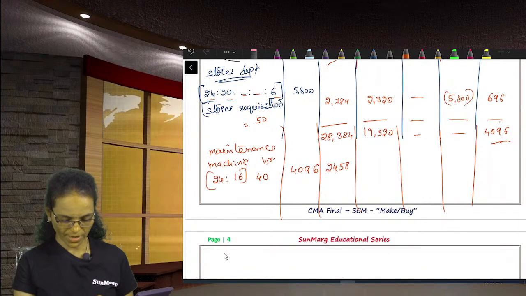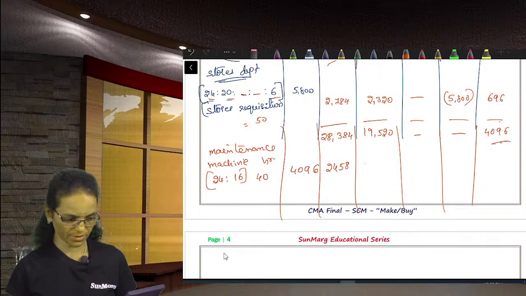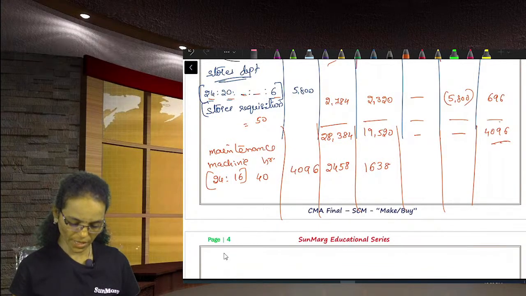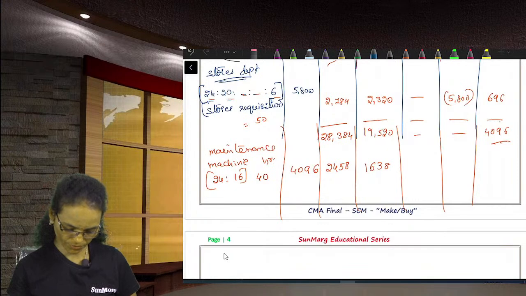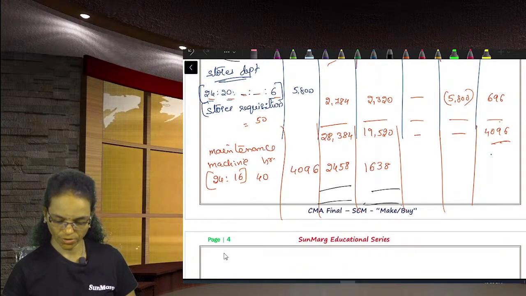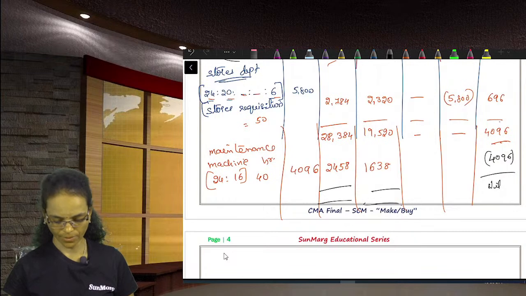Divided by 24 into 16, that is 1,638. Now add these two. This one anyhow 4,096, it is a negative one. So here it has become nil.